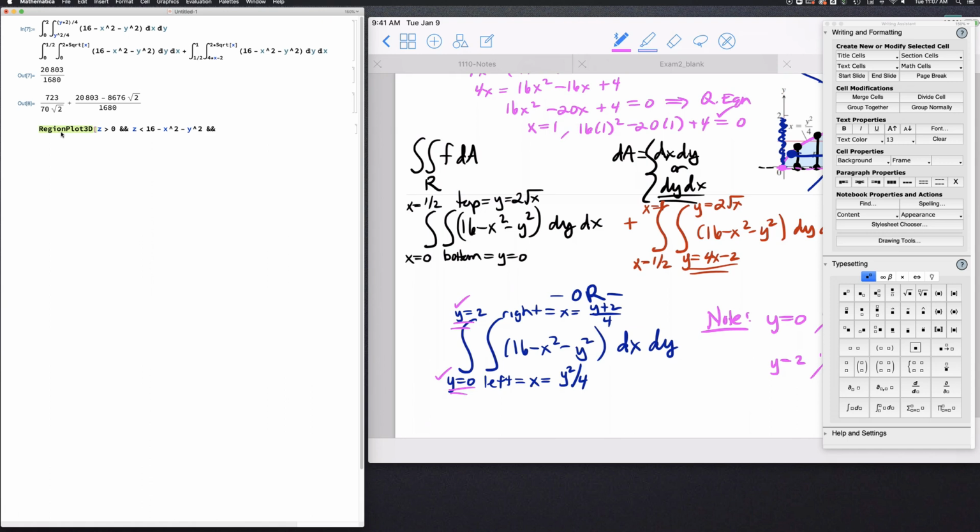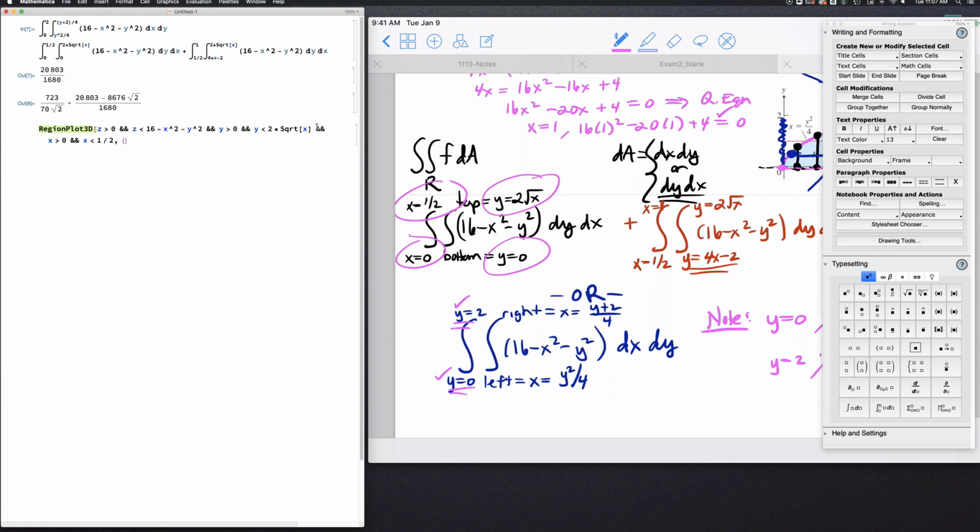And we want y to be bigger than 0, and we want y to be less than 2 times the square root of x. So I'm just typing in these limits of integration, just putting them into a region plot form. And then x had to be bigger than 0, and x had to be less than 1/2.